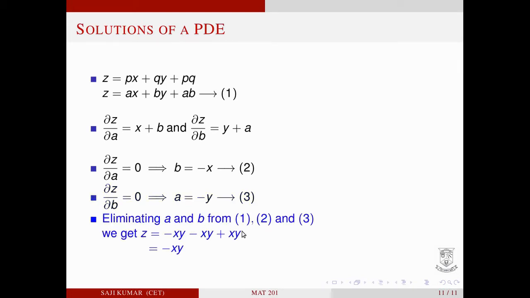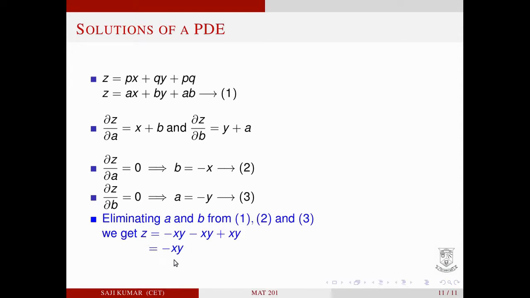Eliminating a and b from equations 1, 2 and 3, we directly substitute a = -y and b = -x in equation number 1. We get z = -xy - xy + xy after substitution.